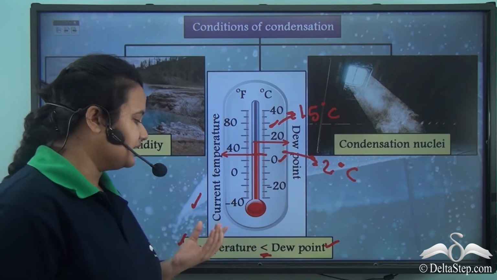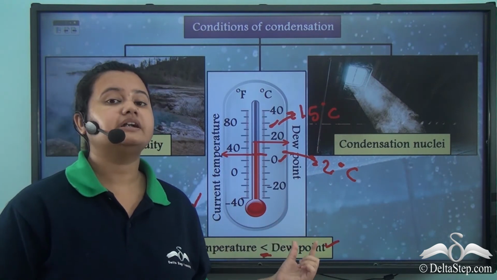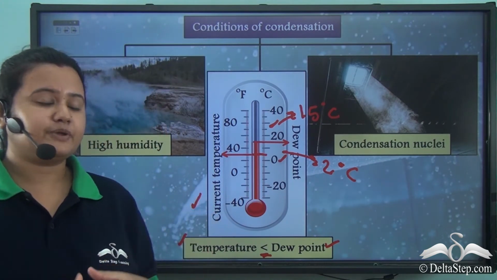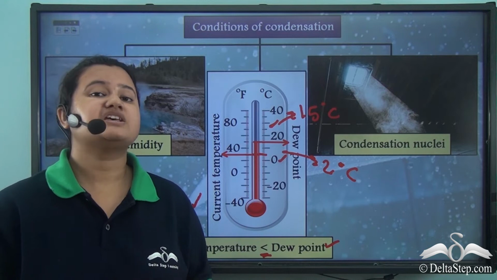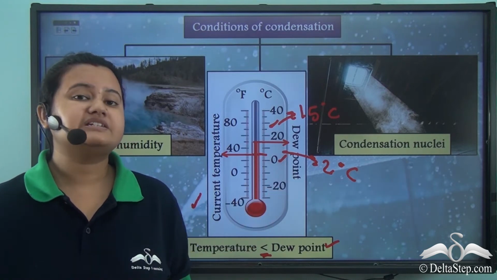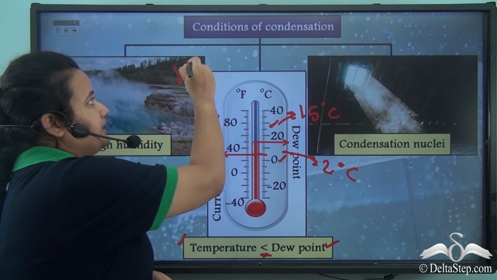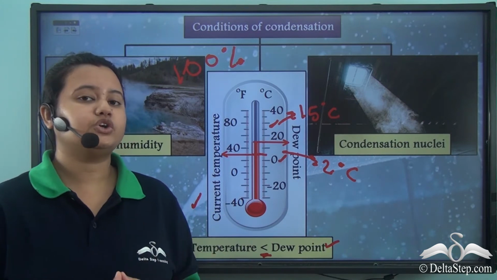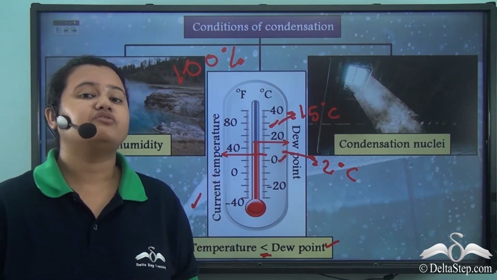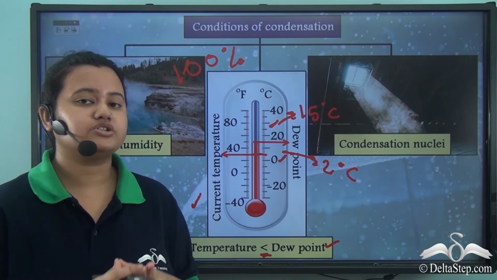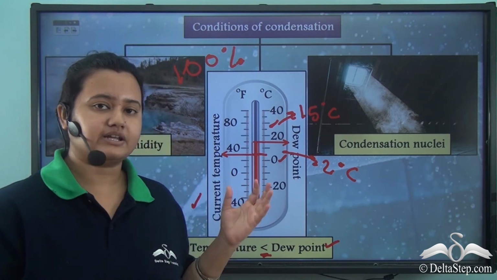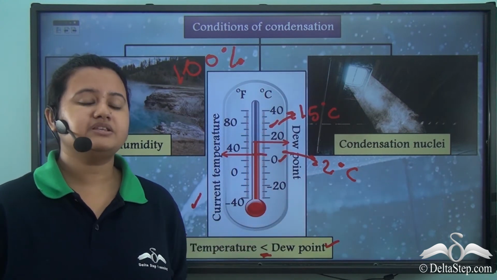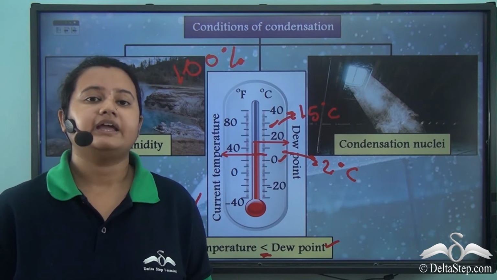So, if the current temperature is below the dew point, then only condensation will occur. This is because at dew point the air is fully saturated or relative humidity is 100%. So if the temperature falls below the dew point, then the water vapor will slowly transform into water droplets and the process of condensation will begin. So these are the important requirements for condensation to occur in nature.